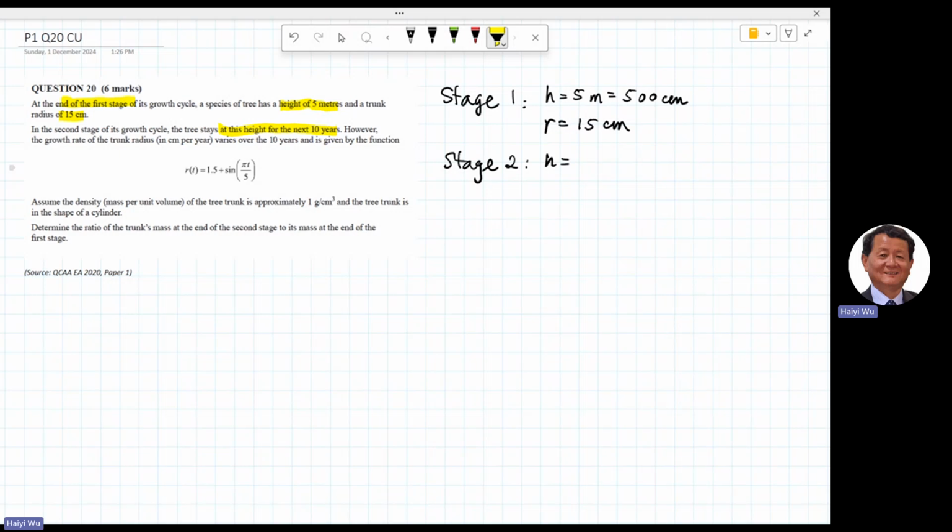So still 500 centimeters, but the radius is unknown. We don't know what the radius is, but we know the rate of growth for the radius.